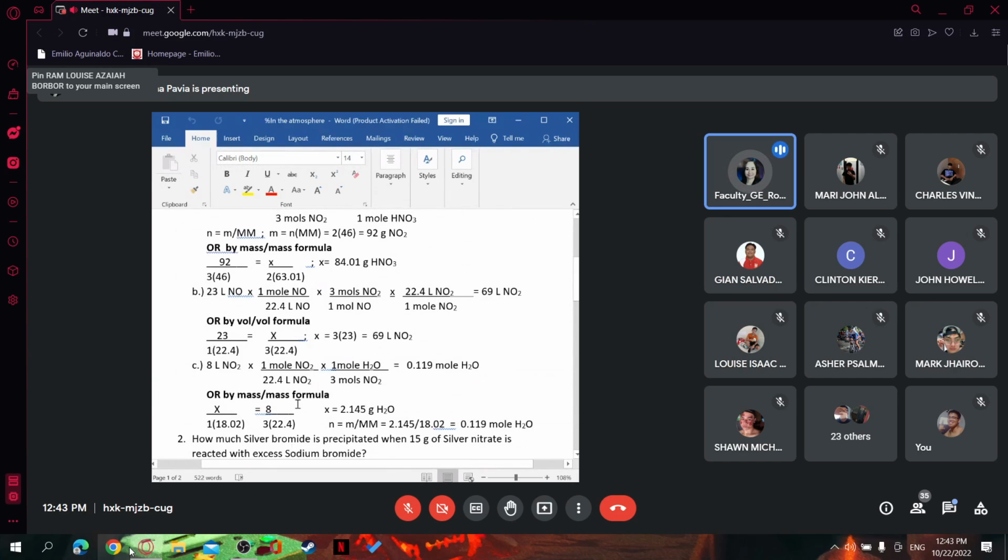So, gagamit ka muna ng mass. X is to 18 for water. Then, 8 liters is to 3 times 22.4. 8 liters yung tawag dito, yung given na NO2. So, you will get X is equal to 2.145 gram water, and then determine the number of mole by making use of this formula. You will get 0.119. Naintindihan?